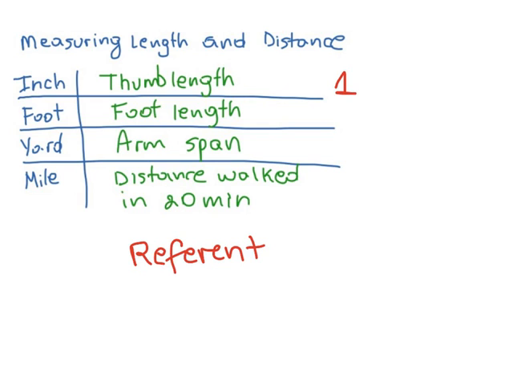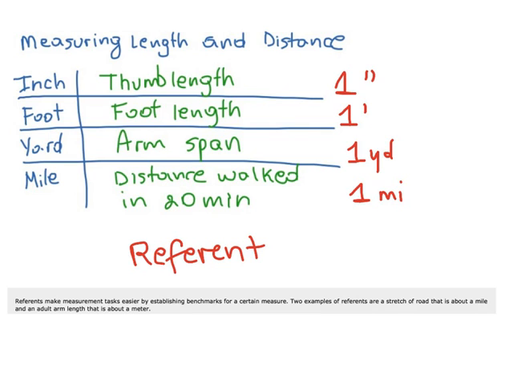So 1 inch can be described as thumb length. 1 foot as the length of a foot. 1 yard as arm span. And 1 mile as distance walked in 20 minutes.